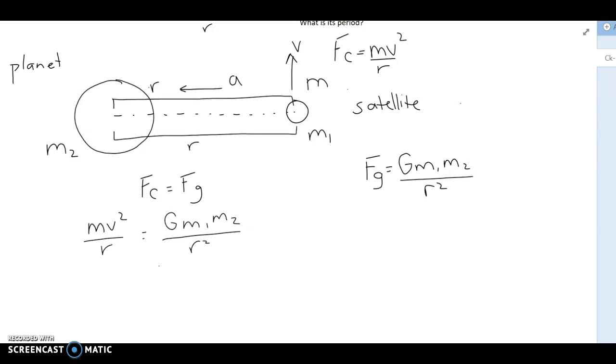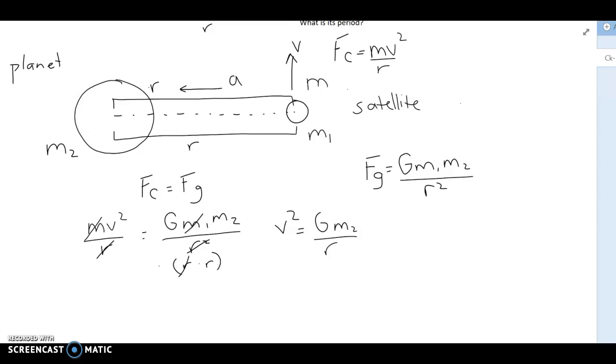Well, r squared would be the same as saying r times r. M from the left side is the same mass as m1 on the right side, so they cancel out. And one of the r's on either side cancels out. So that leaves us with v squared equals G m2 over r.